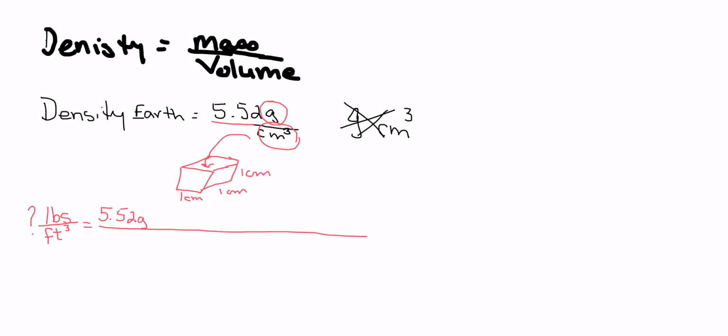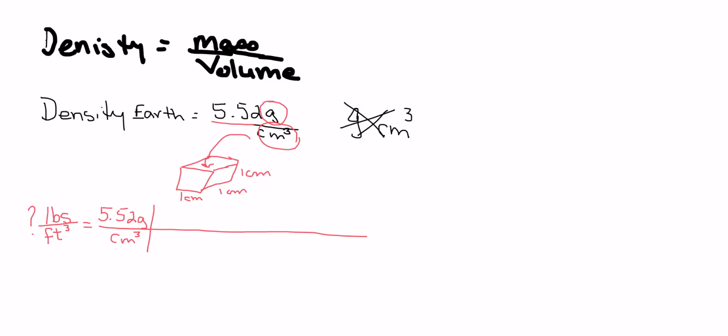My centimeter cubed is in the denominator. I do not have in my numerator the unit I want. I do not have in the denominator the unit that I want. So I got a little work ahead of me.